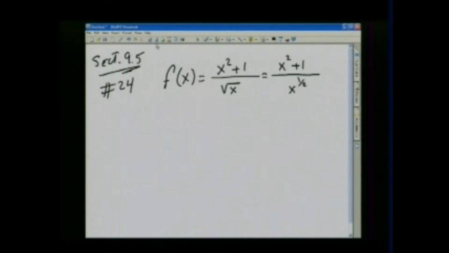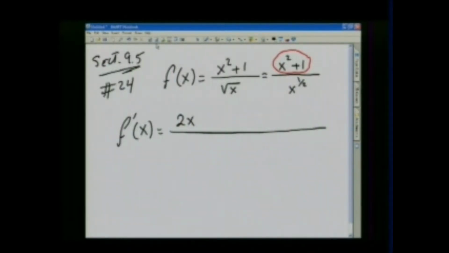Now, the quotient rule says that if you have a function like this, which is in the quotient form, the way you find f prime of x is equal to, first, derivative of the numerator, which is 2x, multiplied by the denominator, which is x to the 1/2, minus derivative of the denominator, which would be 1/2 x to the minus 1/2 times the numerator, times x squared plus 1, divided by the denominator, x to the 1/2 squared.